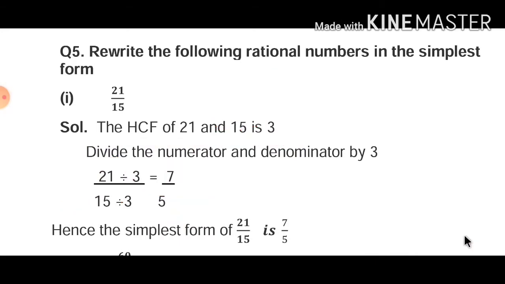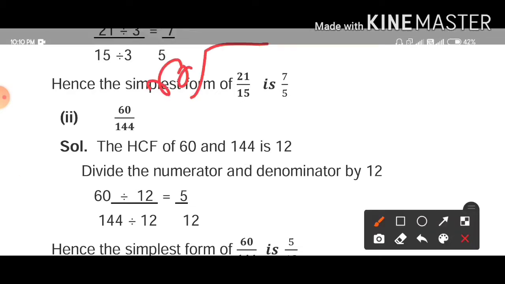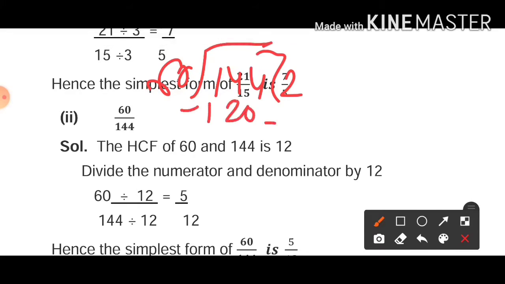Now see the second one, 60 by 144. Again, first we will find the highest common factor of 60 and 144. 60 twos are 120, then the remainder left is 24.